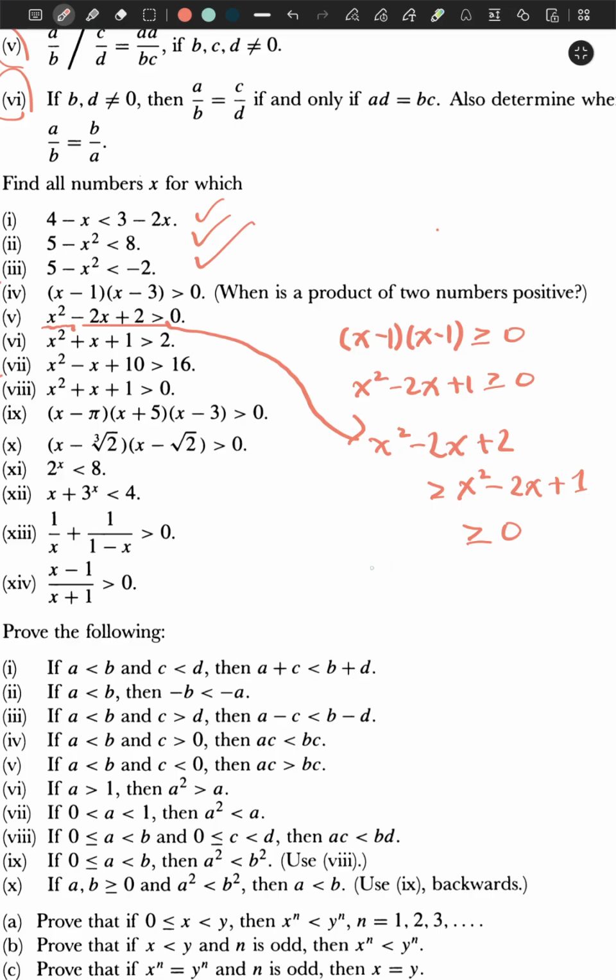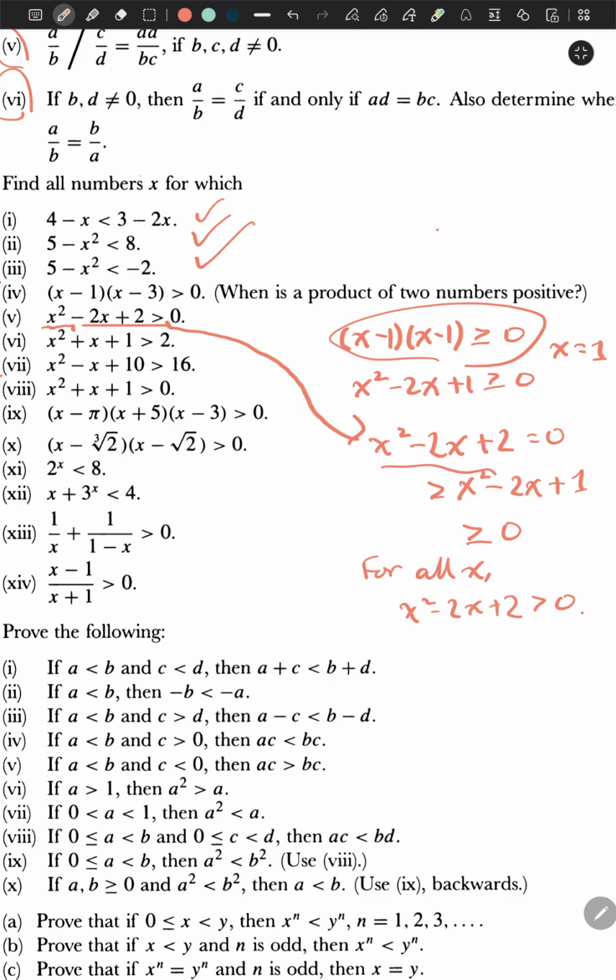So for all x, x squared minus 2x plus 2 is greater than 0. This expression is actually 0 when x equals 1. But we don't need to consider the case where this is equal to 0, because this is always greater than 0.